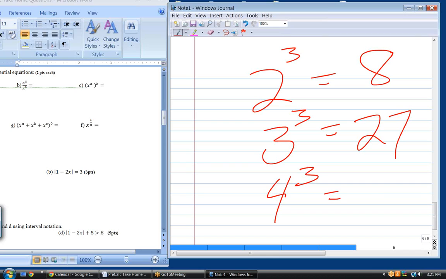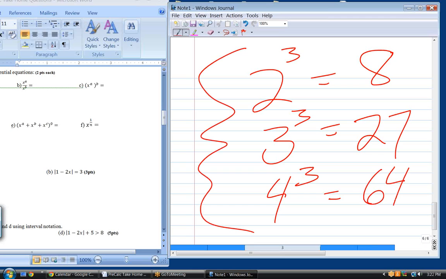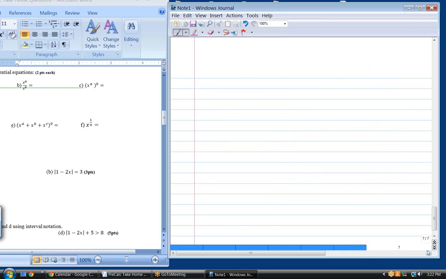What's 4 cubed? 4 times 4 times 4? 4 times 4 is 16, times another 4? 64. So these 3 here you probably want to put in your memory bank. Okay, I will write this down. Whereas the squares, you want to memorize all single-digit numbers squared. Okay.